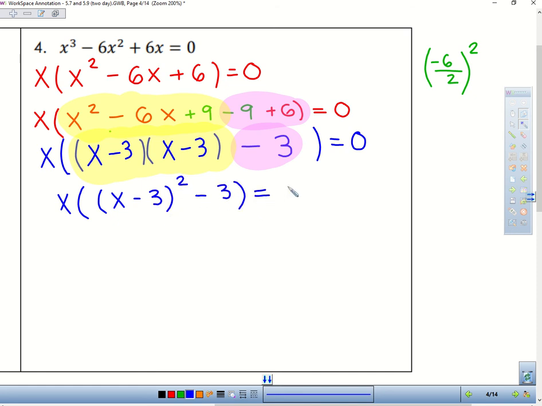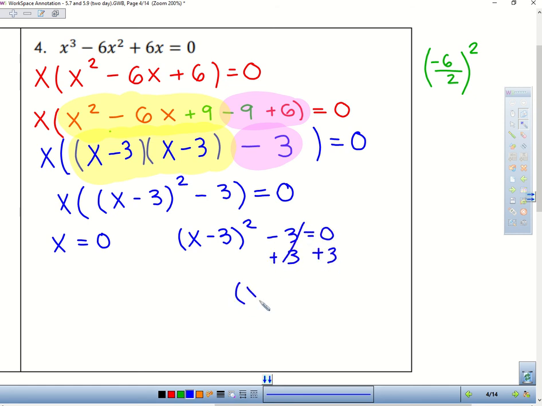And now I'm at the point of two products, so I can set each one of them equal to 0. That first one was easy. There's no solving required. And then you add the 3. And then what?